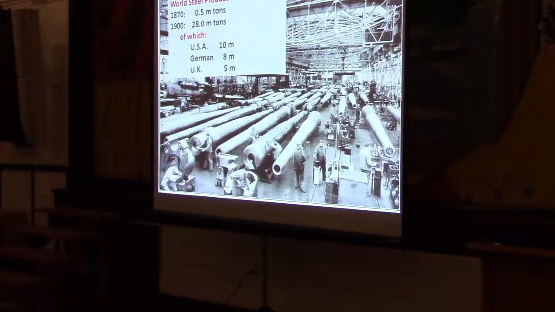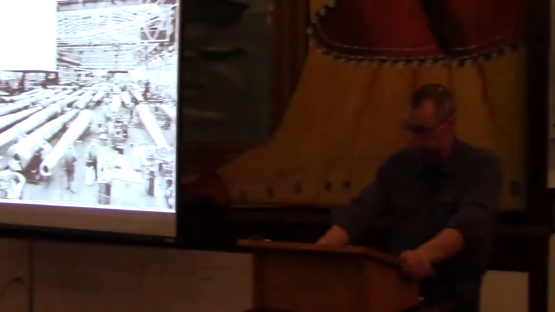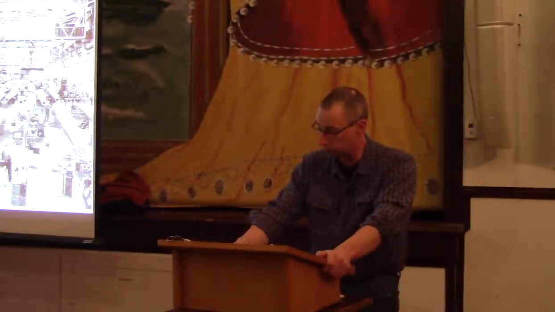The United States producing 10 million tons of steel annually, Germany 8 million tons, United Kingdom 5 million tons. So by 1900, Britain's predominant industrial position has already been surpassed, first of all by the United States, and secondly by Germany. So this changing global economic power is going to underpin what I want to talk about in the first part of the lecture tonight.